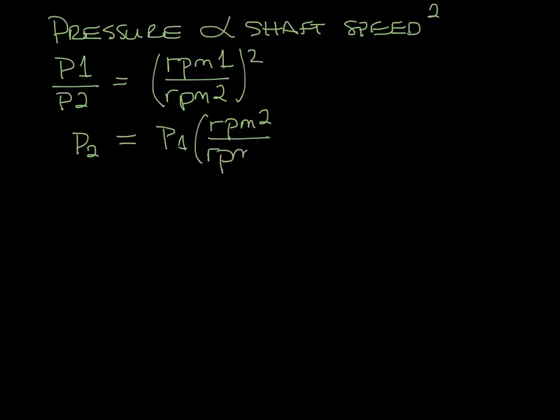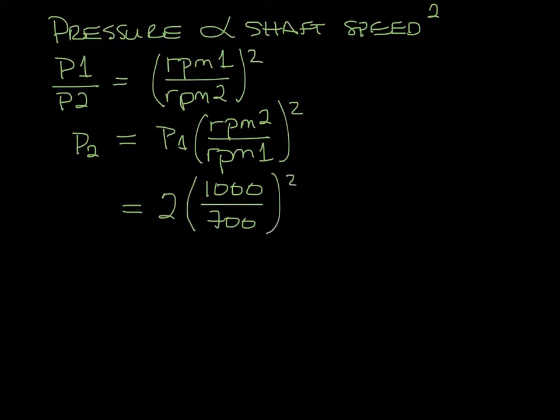Here's the equation for it. Now let's say you're starting with 2 inches of pressure. We're going to use our 1000 and 700 from earlier, and that comes out to 4.08 inches of pressure. So you can see that by the RPM going up from 700 to 1000, the pressure increased from 2 inches to over 4 inches. So now let's move this over and look at the third law.